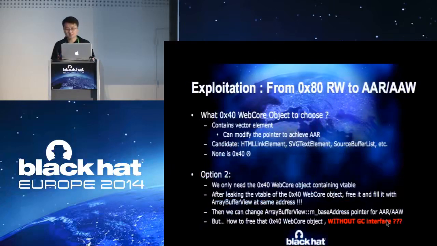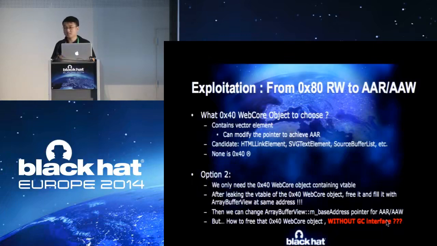So the problem here is which 0x40 WebCore object to choose, because this WebCore object will be used to leak the vtable. Of course, you also need to leak the other base, called the text base. So you need to have some candidate.